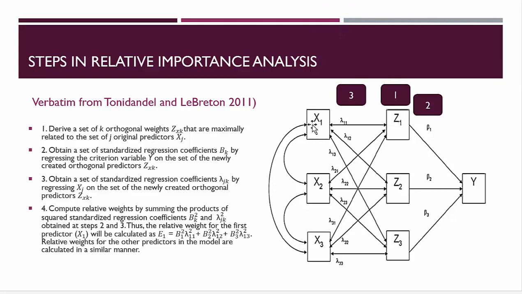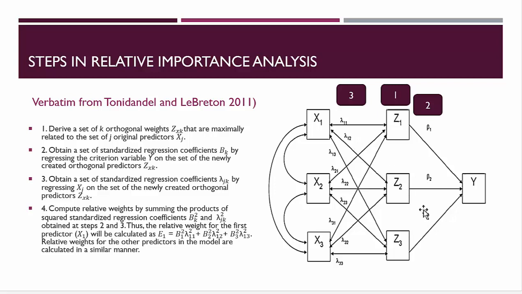As an example, for x1, we would compute the relative weight, the relative importance value, by multiplying our coefficient here by our coefficient. We'd also then add the value that we would get by multiplying the coefficient that we derived here in step 2 with the coefficient that we derived here in step 3.